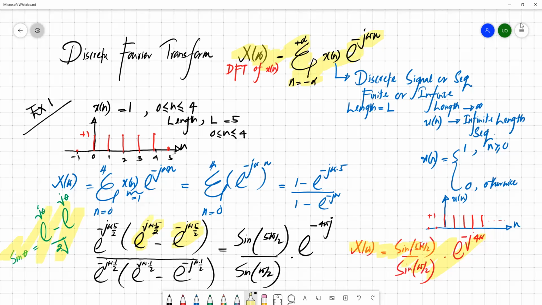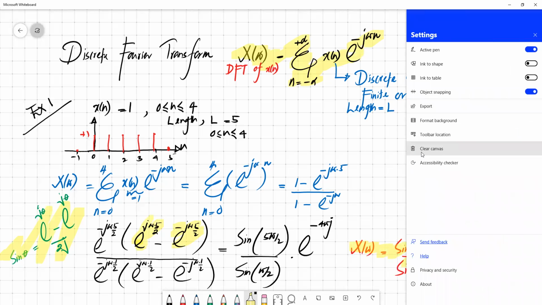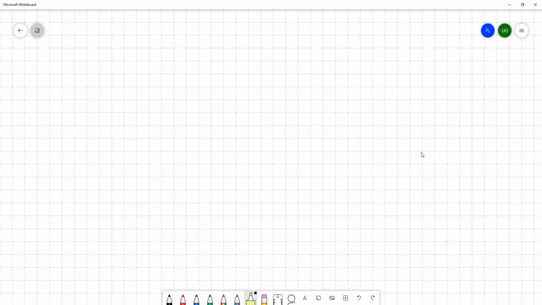Okay, so next is how do you get the magnitude and phase. So this is X of omega: sine 5 omega over 2 divided by sine omega over 2, into e to the power minus j 4 omega.